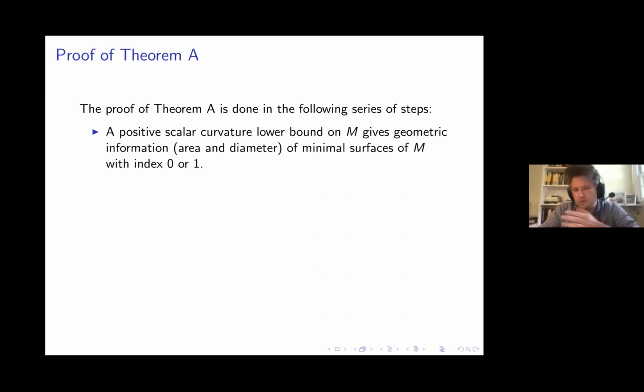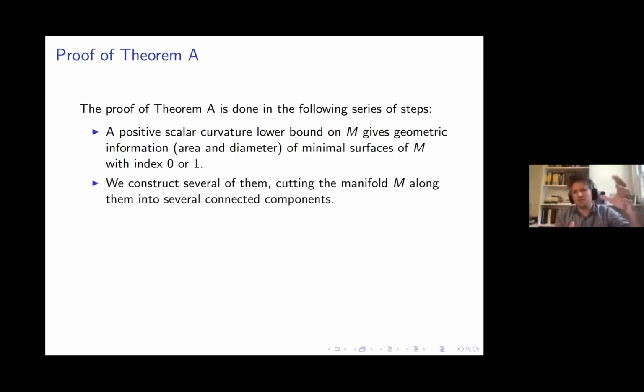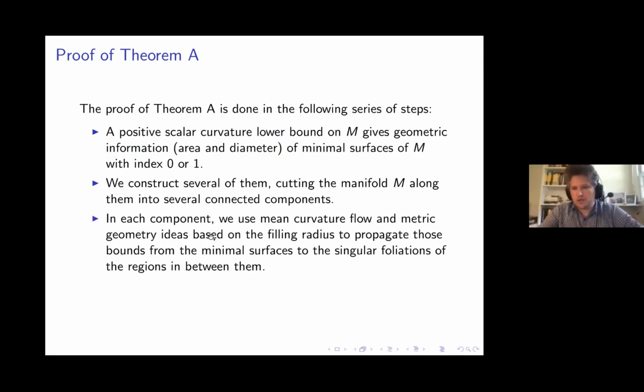So for instance, the first thing we'll do is take the manifold and cut along all these surfaces. We're going to look around the manifold for minimal surfaces that have index 0 or 1, cut the manifold along those disjoint surfaces, and get several manifolds with boundary. On each of those boundary components, we're going to use mean curvature flow and some metric geometry ideas to propagate from the boundary.